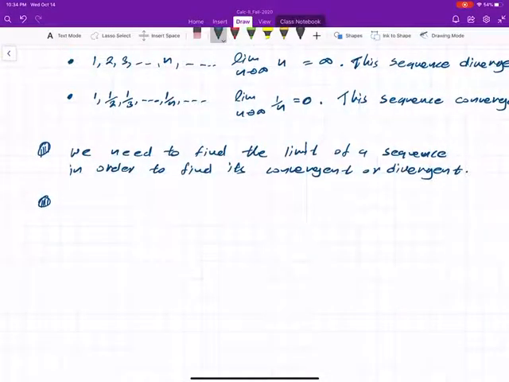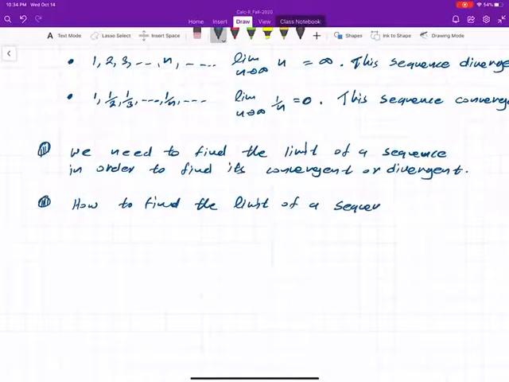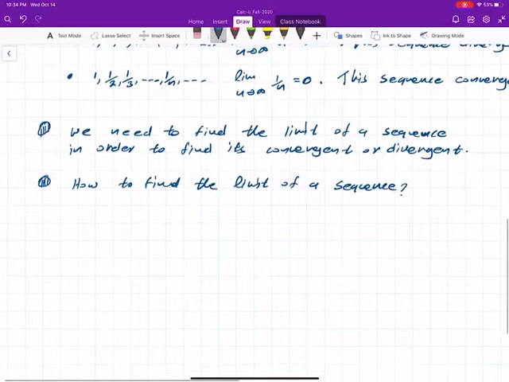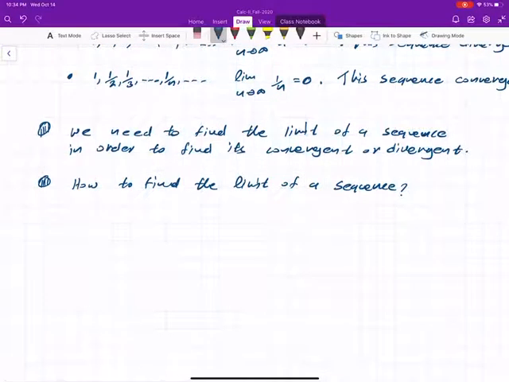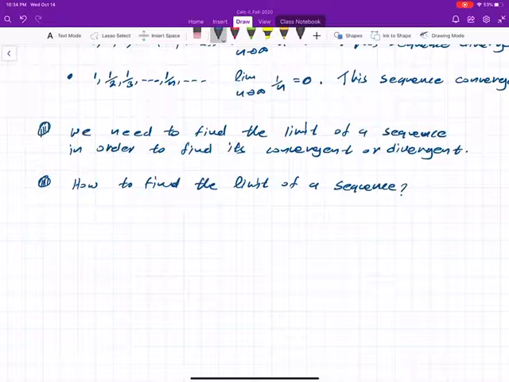then the question is how to find the limit of a sequence. How to find the limit. There are several ways of finding the limit of a sequence.